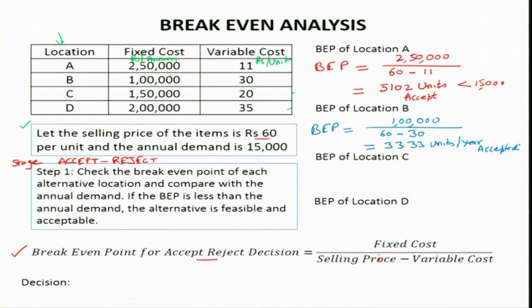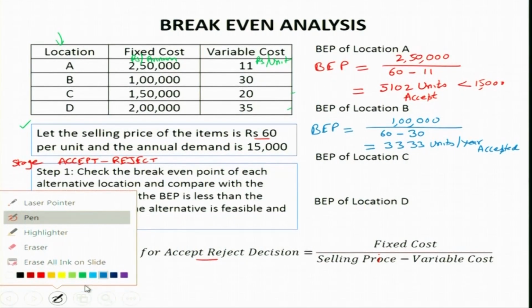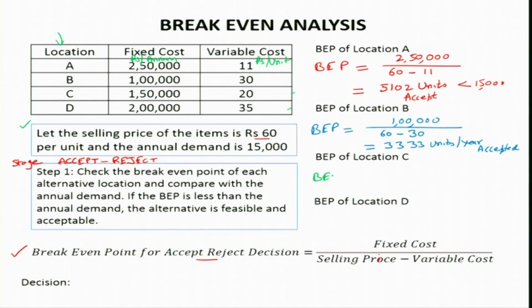Now, let us see location C. The break even point of location C is equal to the fixed cost, that is 1,50,000, the selling price rupees 60 and the variable cost rupees 20. So, the break even point for this situation is 3750 units per year, and this is lesser than our annual demand.